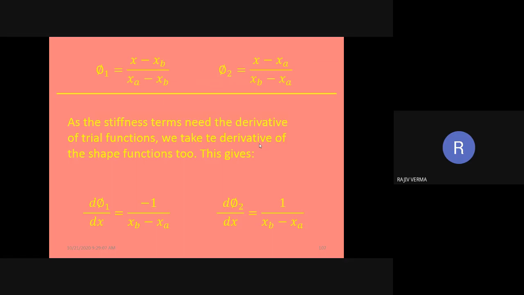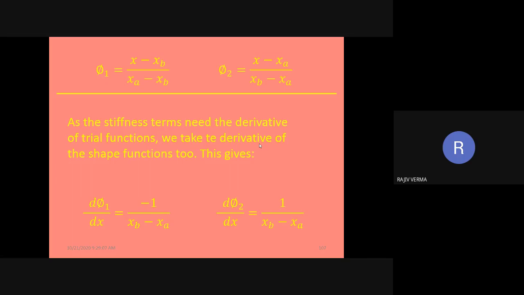When you take a quadratic element, that is when you have an element containing three nodes, you are also going to have three shape functions given by phi 1, phi 2 and phi 3. And since in this particular case, phi 1, phi 2, phi 3 are going to be quadratic expressions of x, they are going to contain terms such as x square.